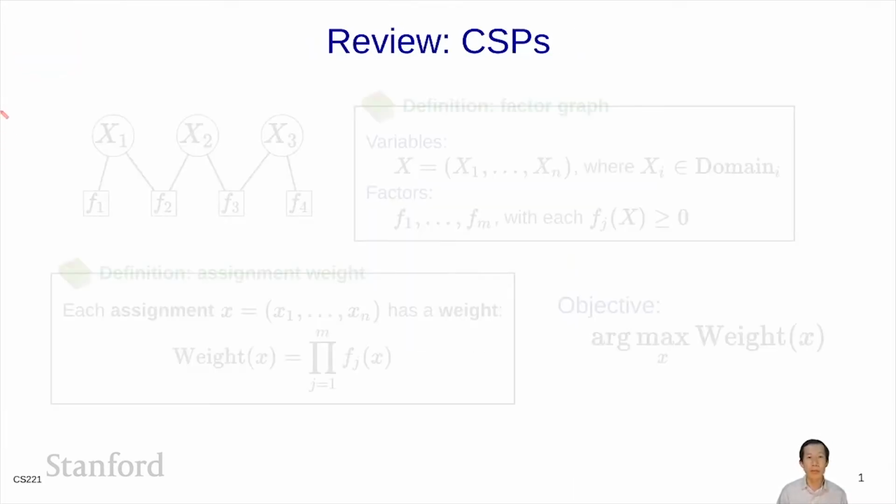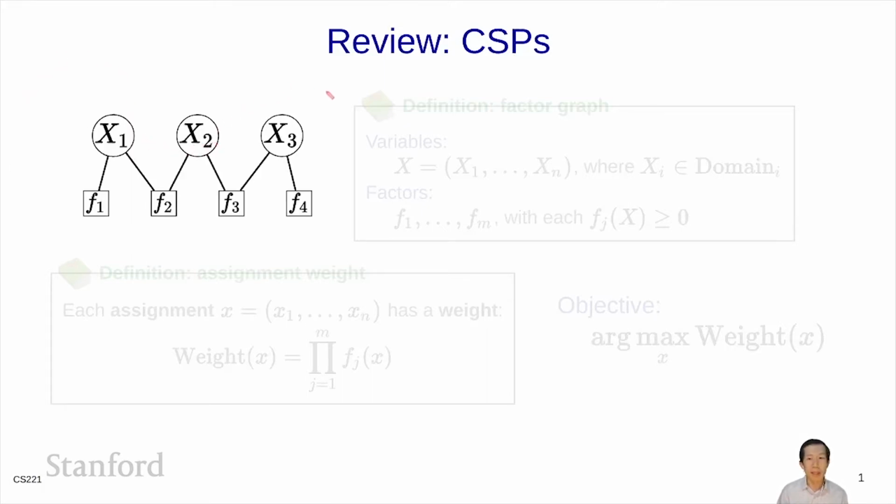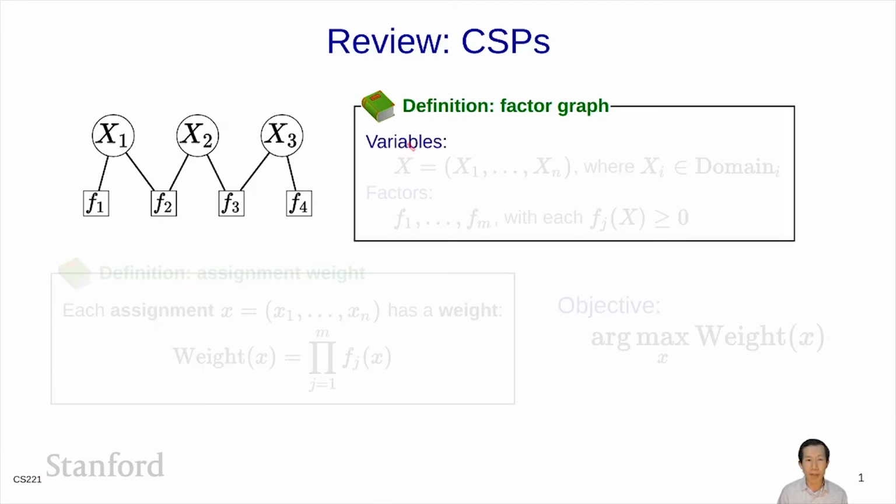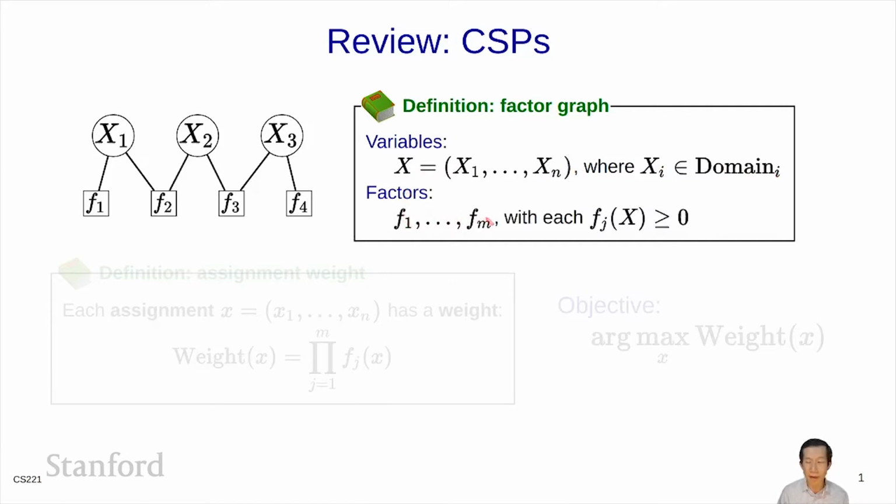Just to review, remember a constraint satisfaction problem, or CSP, is defined by a factor graph which consists of a set of variables x1 through xn, where each xi can be in some element of a domain, and a set of factors, f1 through fm, where each factor function, fj, takes an assignment and returns a non-negative number.